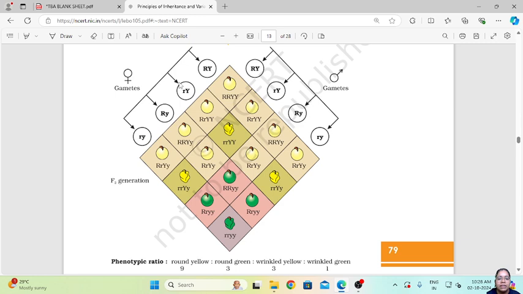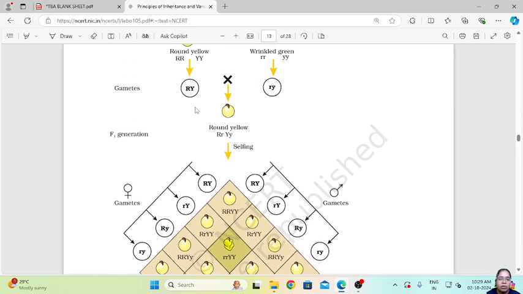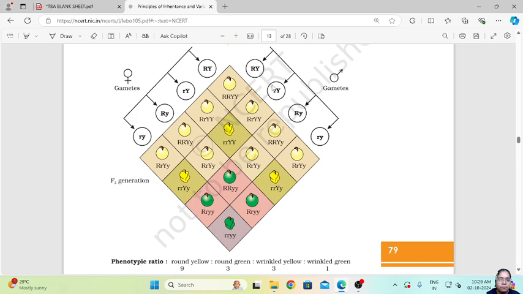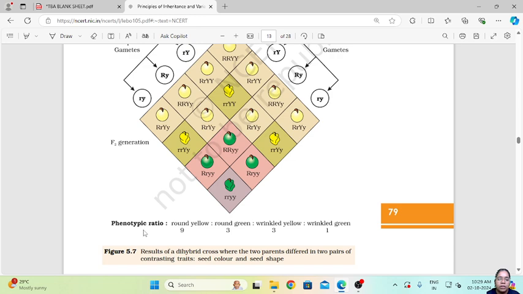When we do selfing of round and yellow and wrinkled and green seeds, what we get as the second generation is a phenotypic ratio where 9 seeds will be round and yellow, 3 seeds will be round and green, 3 seeds will be wrinkled and yellow, and 1 will be wrinkled and green.